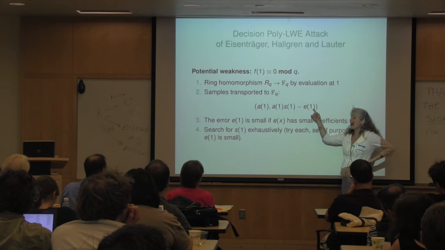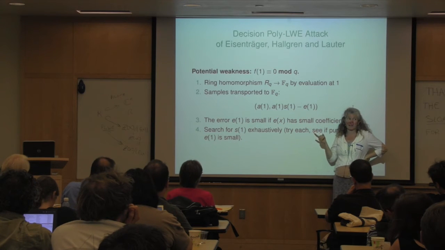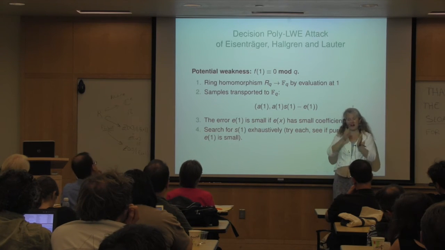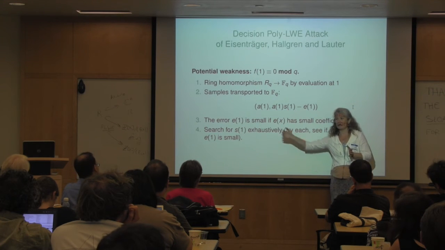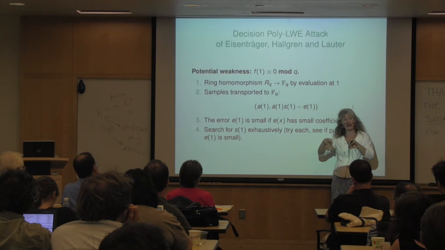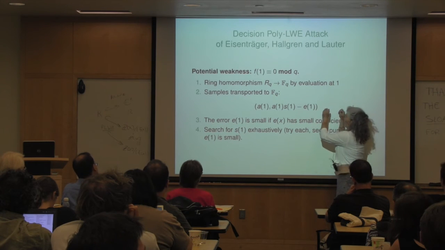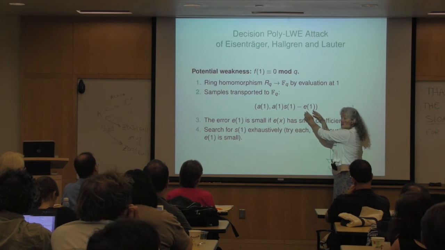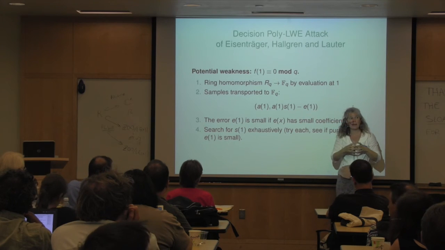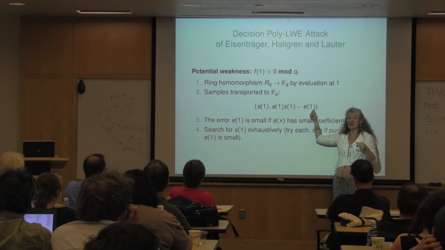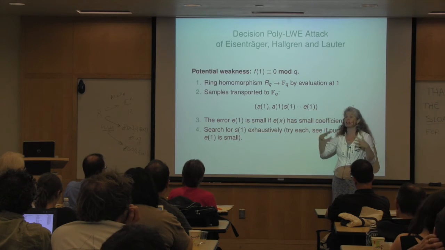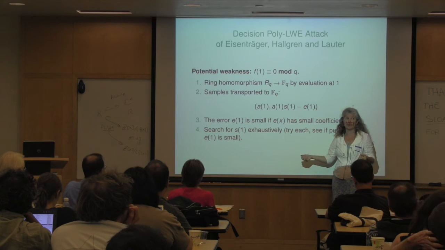But the fact is, if alpha has small order mod q, it'll be like alpha, alpha squared, alpha cubed, alpha, alpha squared, alpha cubed, something like that. So you'll have only a small set of powers of alpha. They get plugged into this and multiplied by some very small coefficients, and that gives you a small set of error values. So the error itself is not small mod q, but the set is small compared to q.